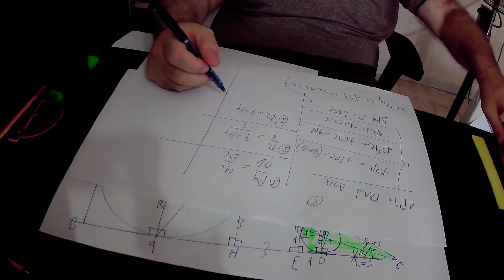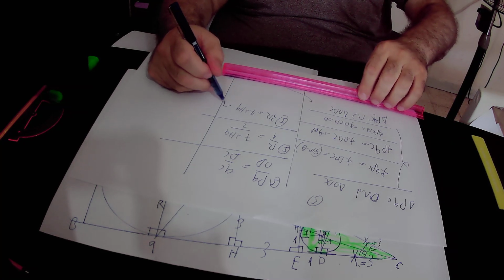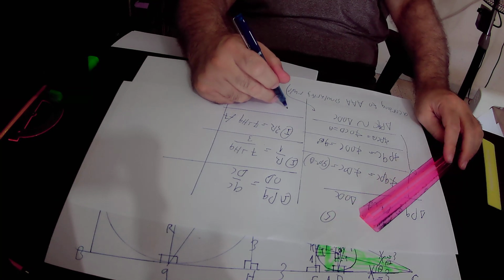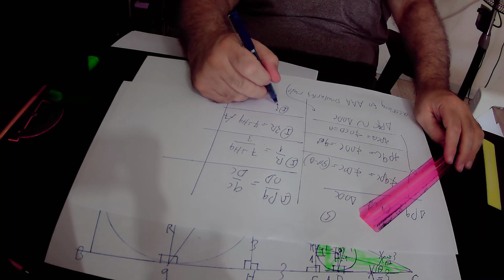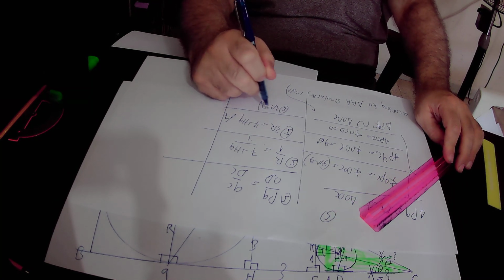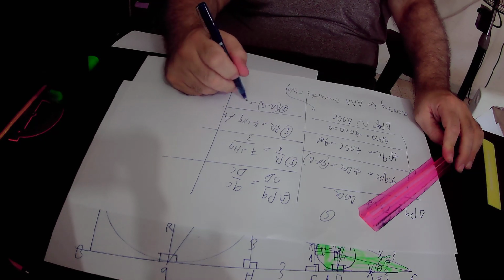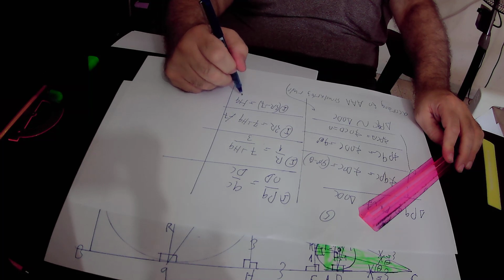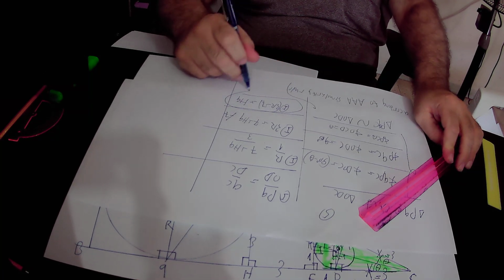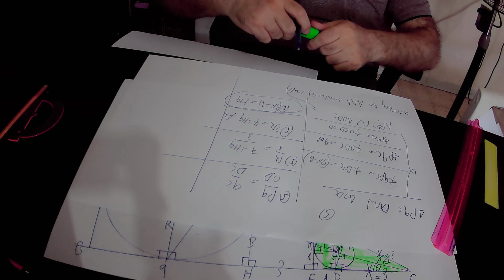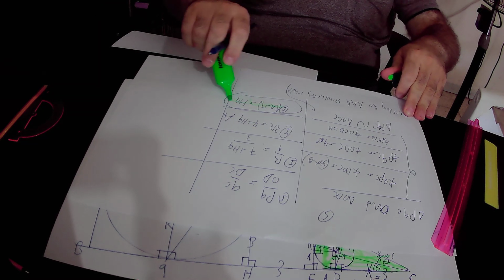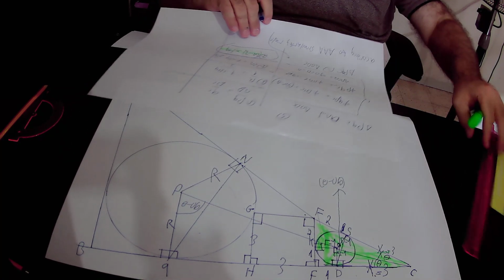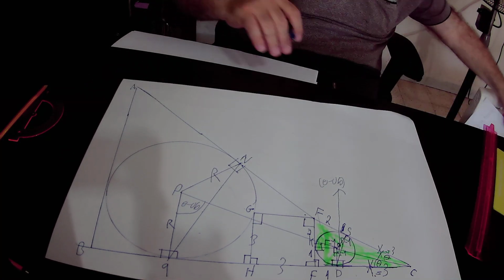So we subtract 7, and we get that 3R minus 7 equals HQ. Okay, so we found out that 3R minus 7 equals HQ, so we can write in the drawing that HQ equals 3R minus 7.